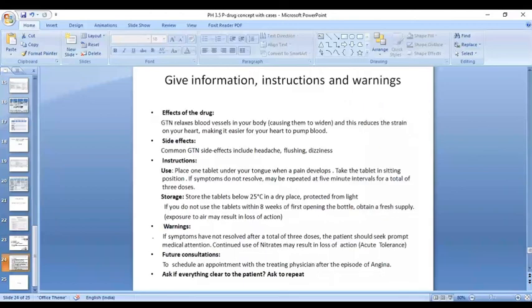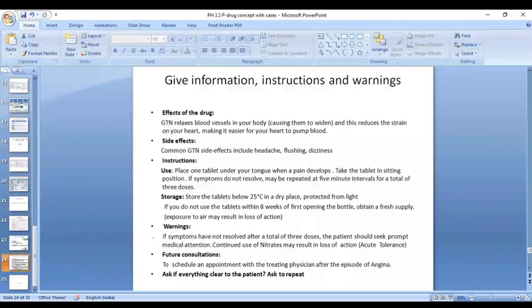Then the information, instruction, and warning that we need to give to the patient: how the drug is acting, very briefly. It relaxes your blood vessels in the heart, that's why it improves the blood flow. Any common side effects, such as flushing and mild headache, are common with this. The instruction on how to take a sublingual tablet, and how to store these tablets: you have to protect them from light, otherwise it won't be efficacious.